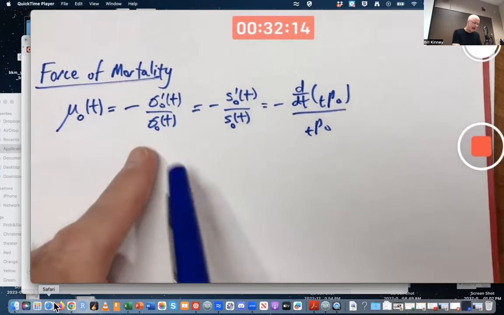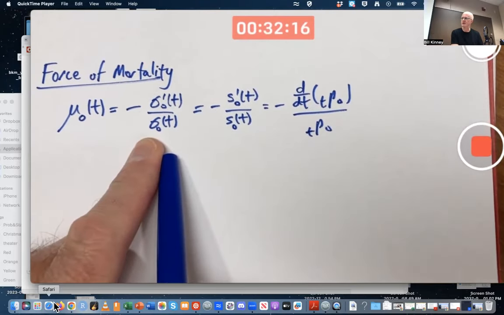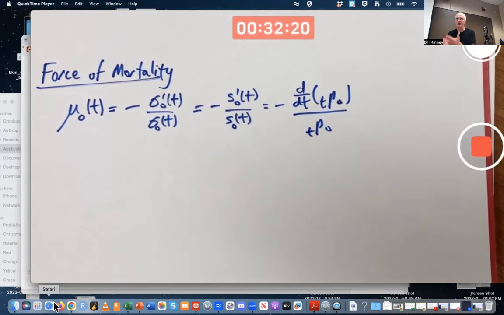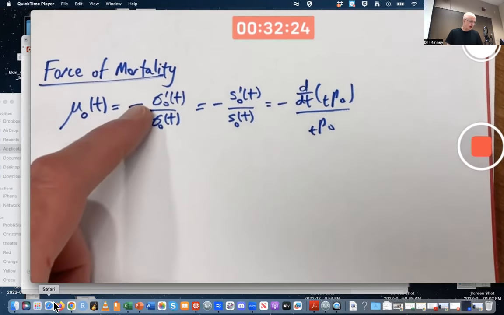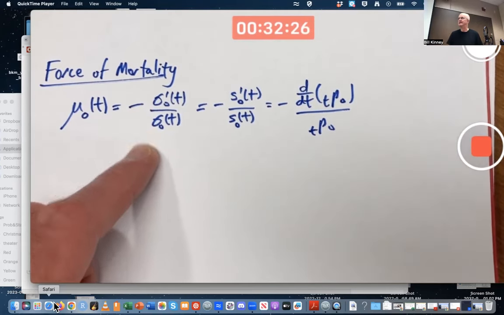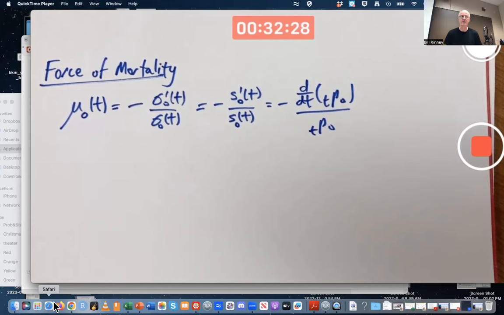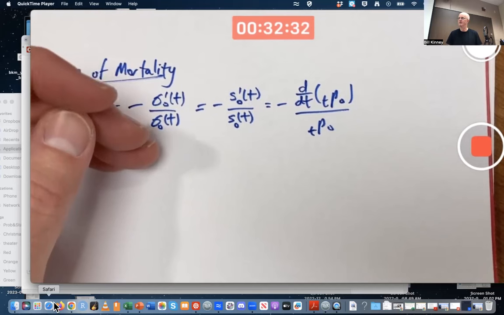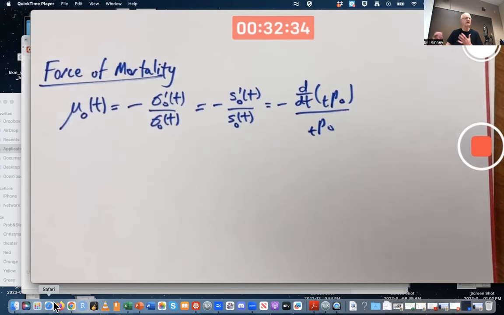So it's a negative relative rate of change of the survival function. The derivative of the survival function is its rate of change. If you divide the derivative by the function itself, it's the relative rate of change. Dividing the rate of change by the function value itself is relative rate of change. It can be interpreted as a percent rate of change.